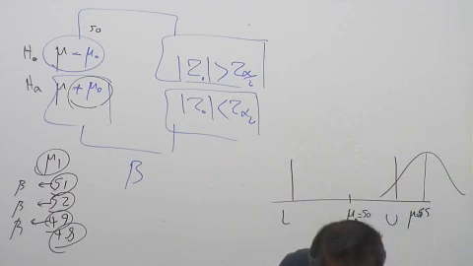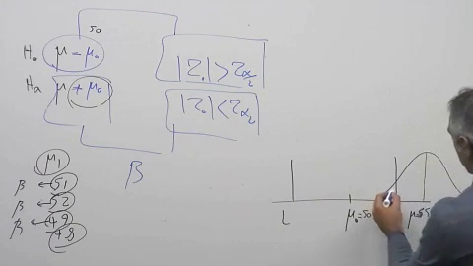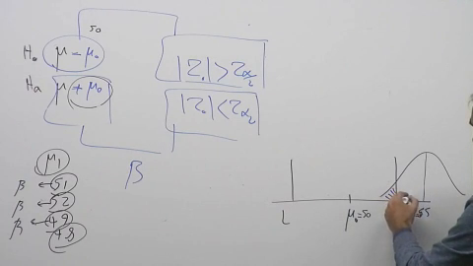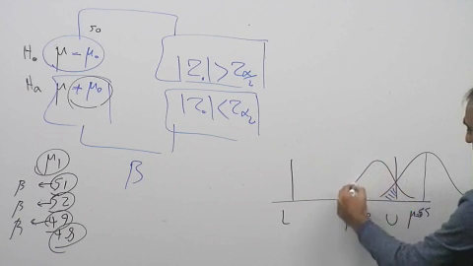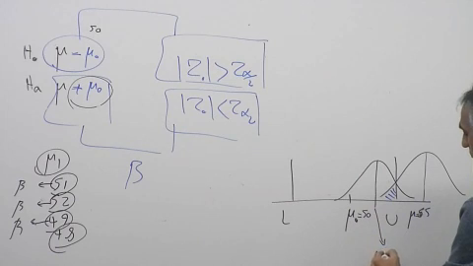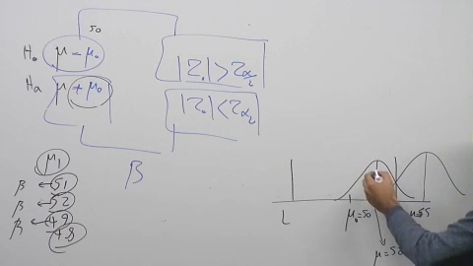Where is the other one? So this is beta for 55. So let's say your mu is 52. Then what is your beta?